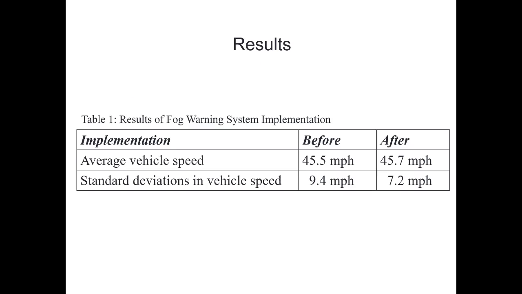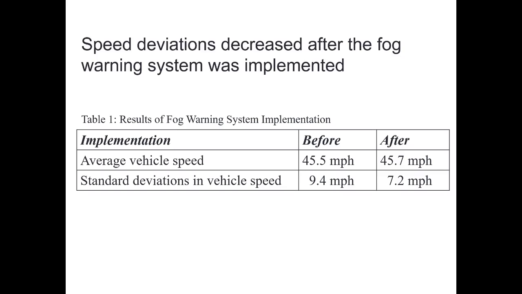Now, how we decide to do this sentence heading depends a little bit on our audience. So, for instance, if we say speed deviations decreased after the fog warning system was implemented, then we assume that our audience knows that decreasing speed deviations is a good thing.